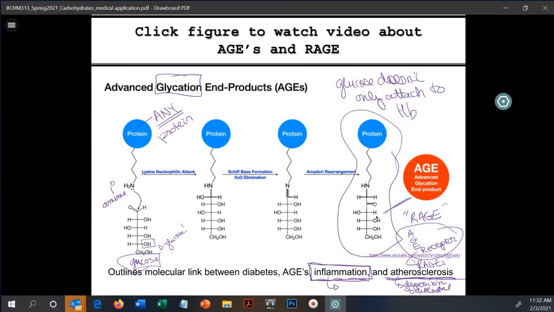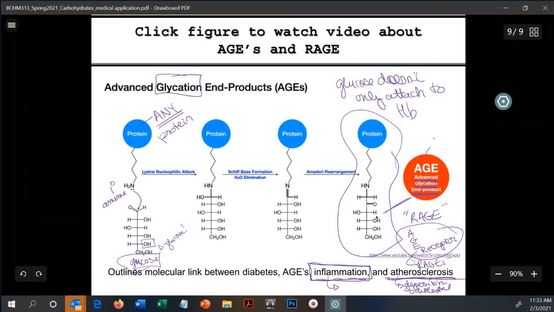We're not going to do it now in the interest of time, but watch the video about the link between these glycosylated end products, these AGEs, advanced glycation end products. Oh, I said glycosylated. That was bad. I should say glycated, right? Because it's non-enzymic formation here of these advanced glycation end products.